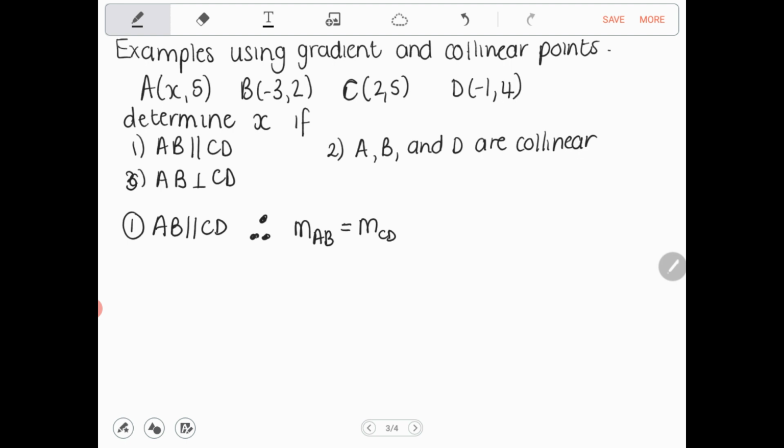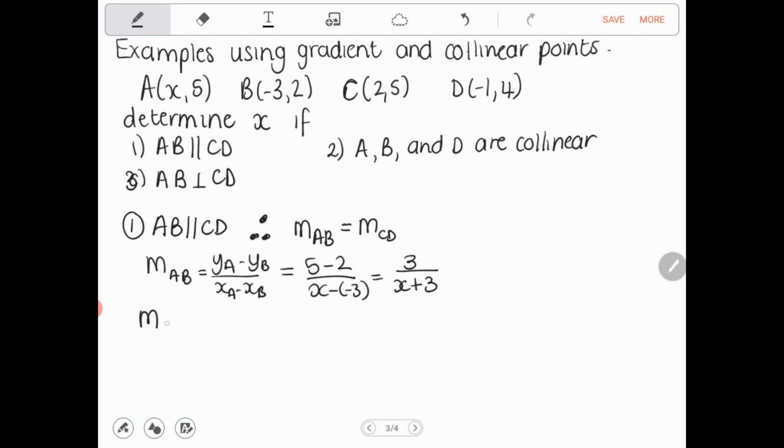So we're going to work out the gradient of AB. The y at A minus the y at B over the x at A minus the x at B. It's going to be 5 minus 2 over x minus 3. That's going to give me 3 over x plus 3, and that's all I can do with that gradient.